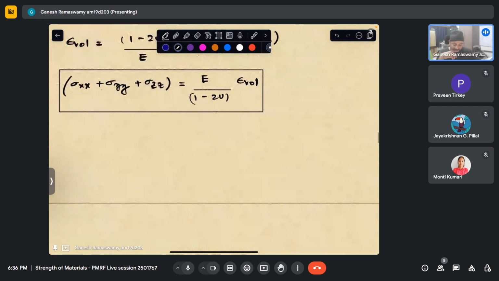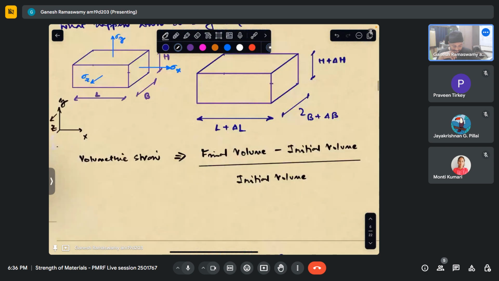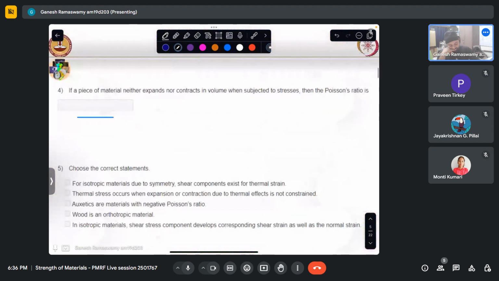Now our question is asking, returning to the question, if a piece of material neither expands nor contracts in volume when subjected to stresses, then the Poisson's ratio is what?